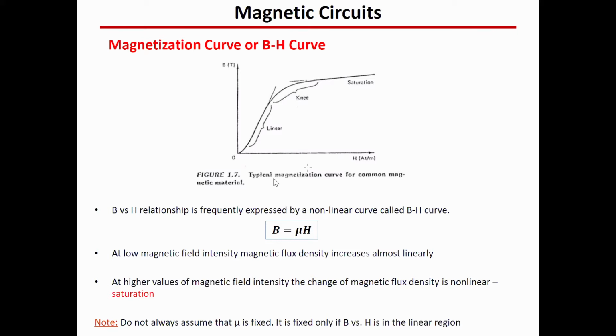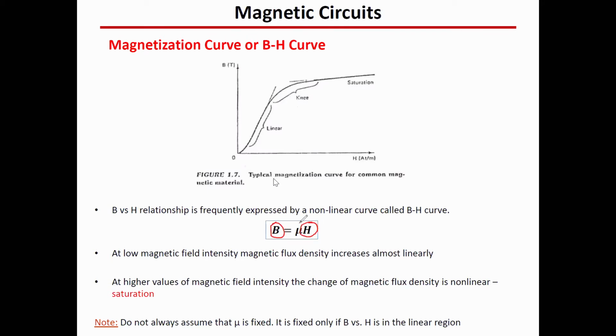And if you remember this equation, which is B equal mu H, that we used before. It's relating basically the flux density B to the intensity H through mu. So if you divide B by H, this will give you mu.